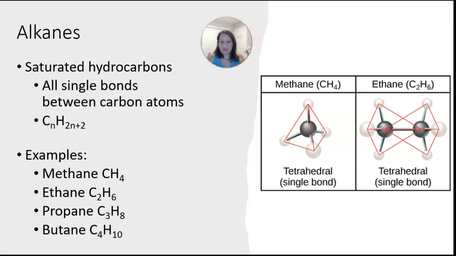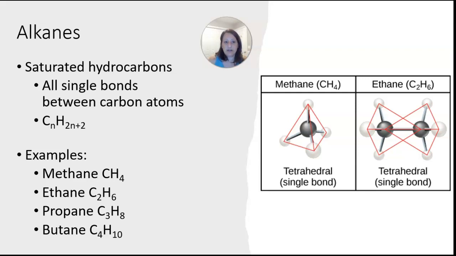The first series of hydrocarbons that we're going to look at, and again that you're going to build in lab, are going to be the alkanes, okay? When you hear alkane, again, these are hydrocarbons made up of just carbon and hydrogen.